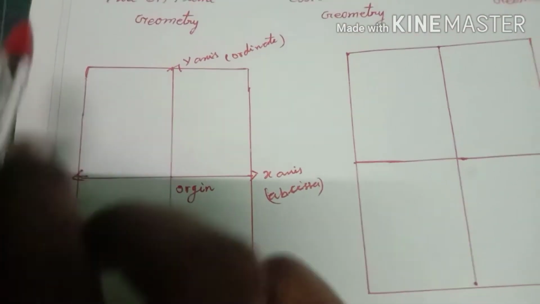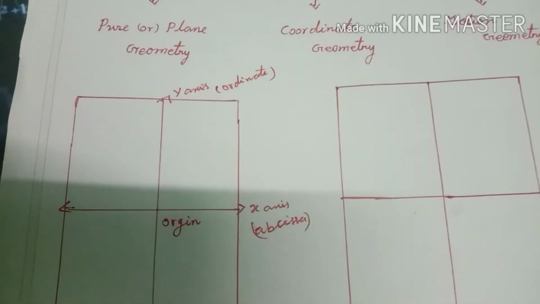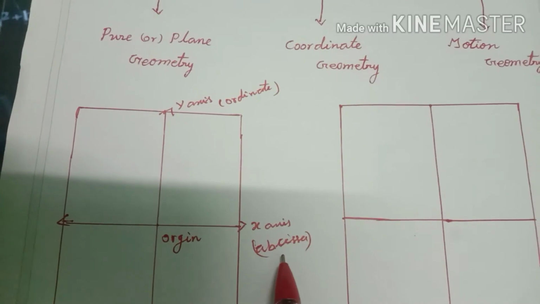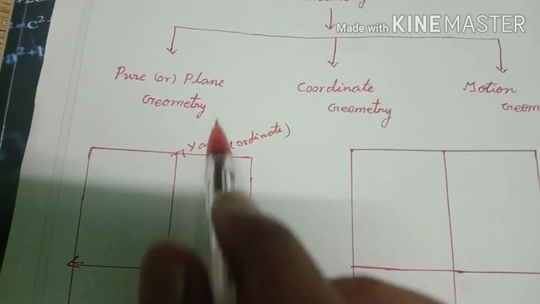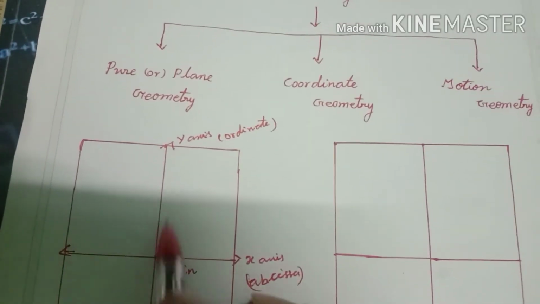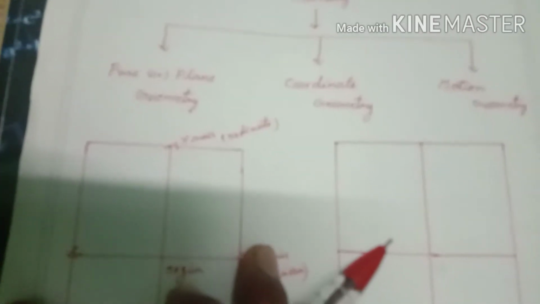So that is clear. The horizontal line is the x-axis, also known as the abscissa, and the vertical line is the y-axis, also known as the ordinate. The two lines intersect at the point called the origin.